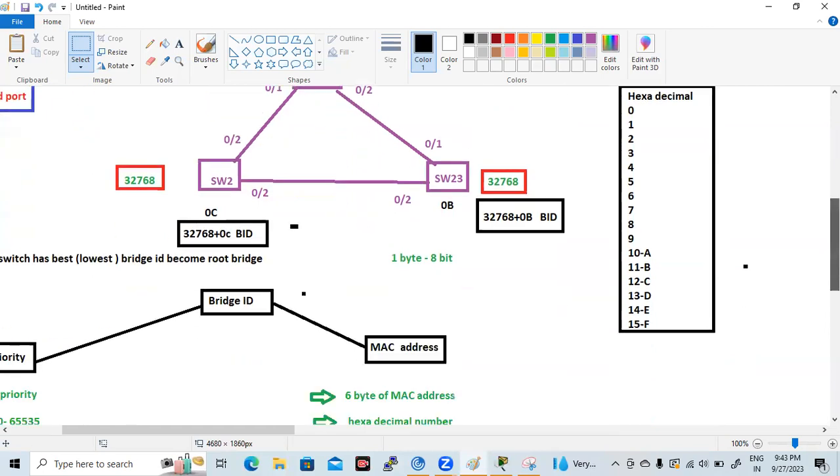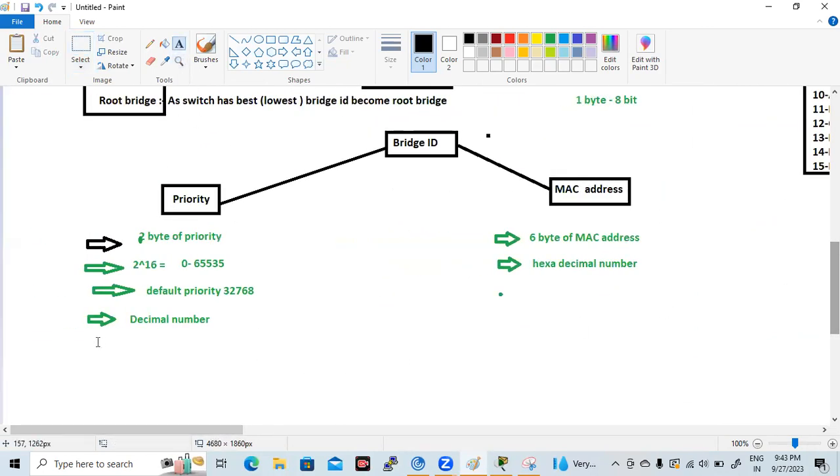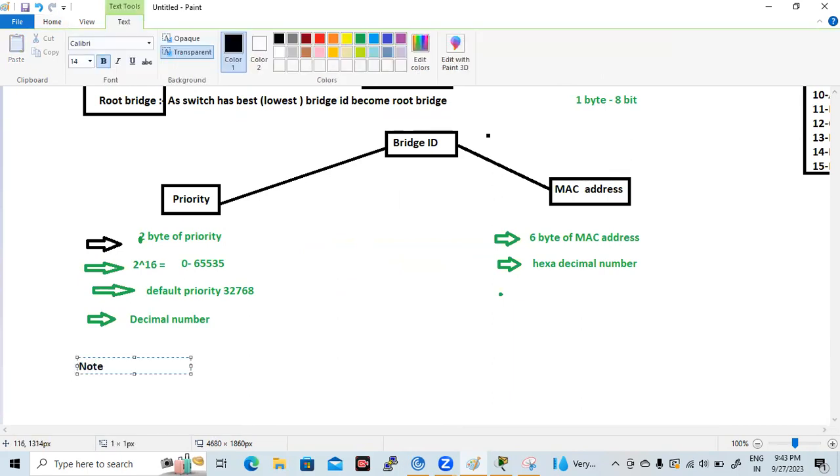Suppose, write one line here, note: if priority gets matched, then the lowest MAC address of the switch becomes the root bridge.